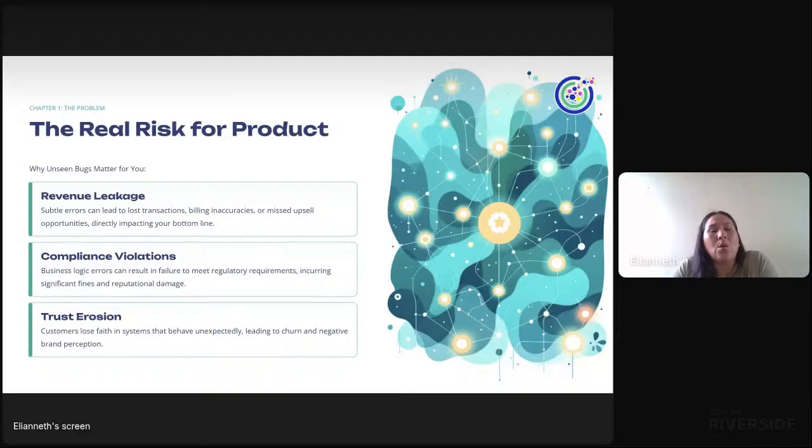Business logic errors can result in a failure to meet some regulatory requirements, and they can even lead to fines or reputation damage for the company and the product. And obviously trust erosion, because if the final users using the app see some change or unexpected behavior in the product, they can reduce their spending, or the user can leave the product completely. Okay, so we can get a bad perception from not attending to these logic bugs.